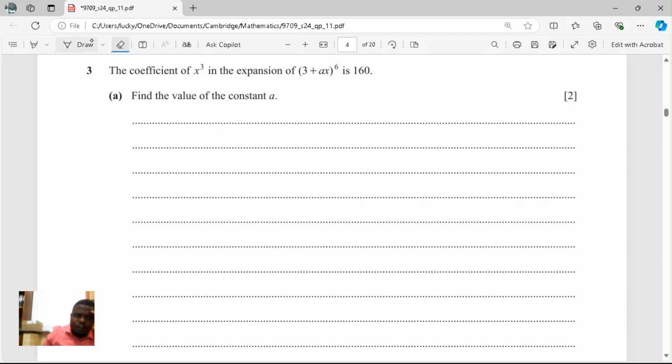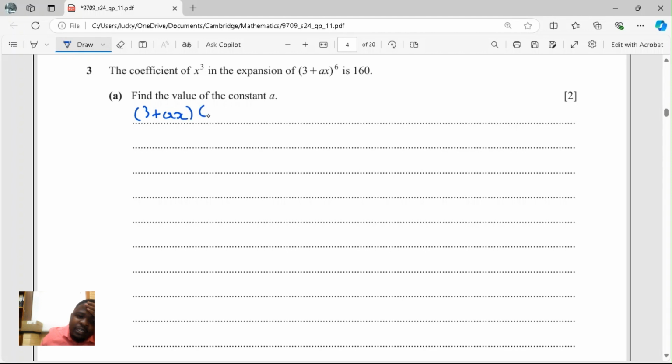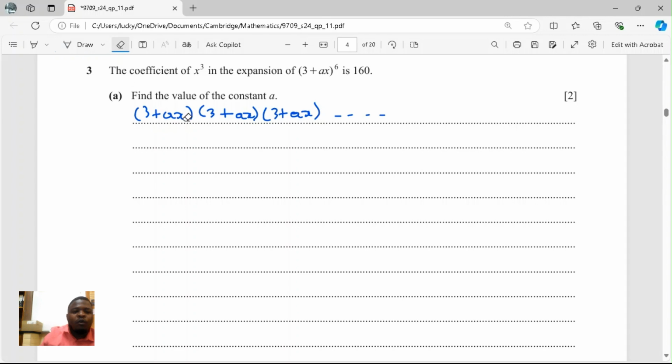Now, when you look at this, you're thinking, oh my God, should I do 3 plus ax times 3 plus ax times 3 plus ax all the way to 6 times? No, this is not what we're expecting you to do, because we've already taught you Pascal's triangle.